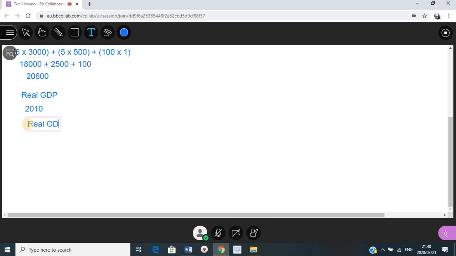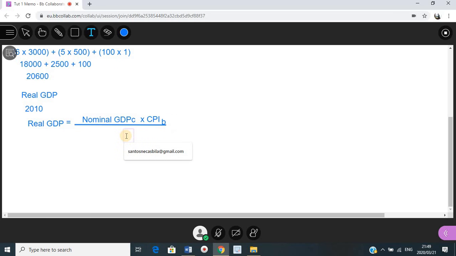Real GDP is equal to the nominal GDP for the current year, multiplied by the CPI for the base year.